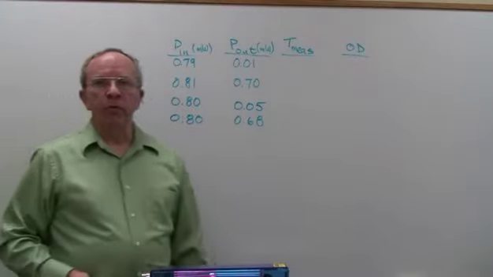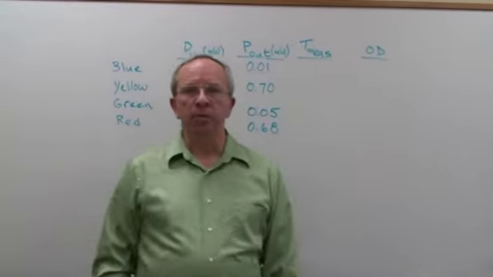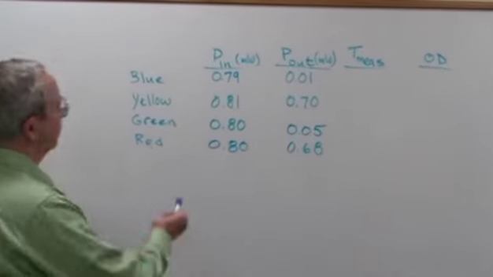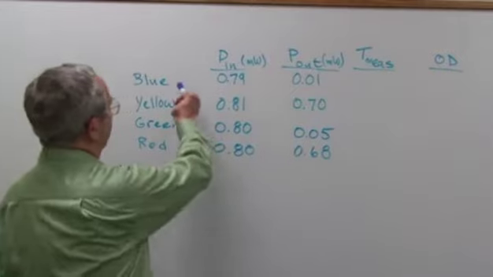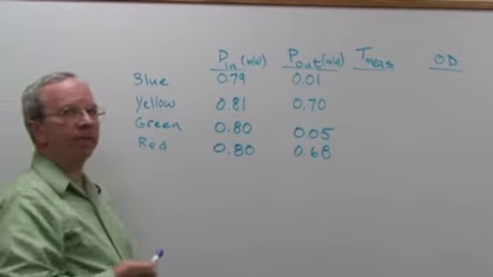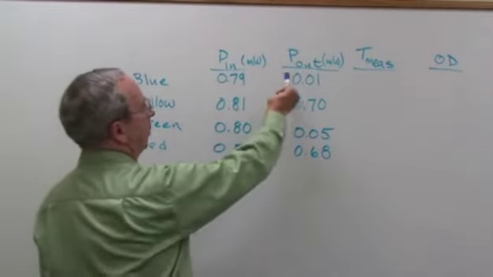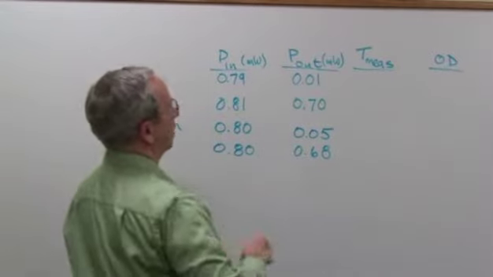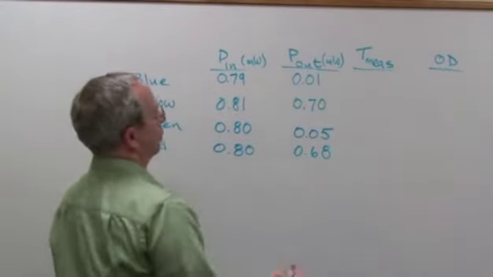Okay, well, let's crank through some of the calculations for this first part of this lab. Here are the data measurements that we collected for the blue, yellow, green, and red filters, the power in, the power out. And so let's calculate the transmittance for the blue filter, for example.